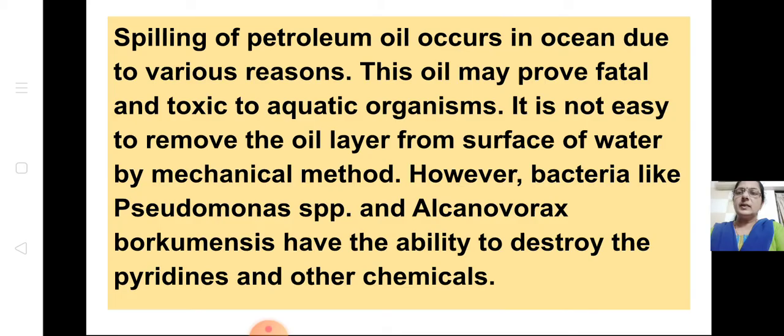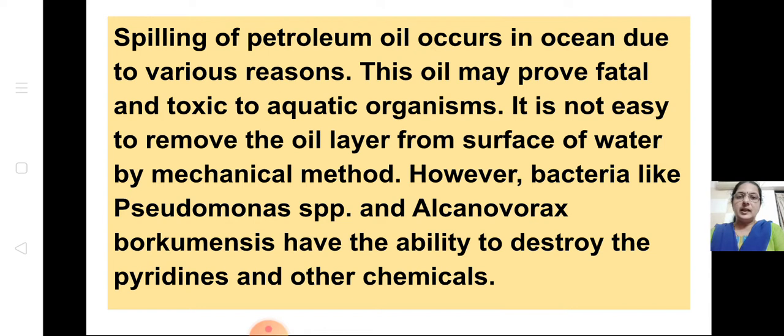We all know spilling of petroleum oil occurs in the ocean due to various reasons. This oil may prove fatal and toxic to aquatic organisms. What happens when there is spilling of petroleum oil?